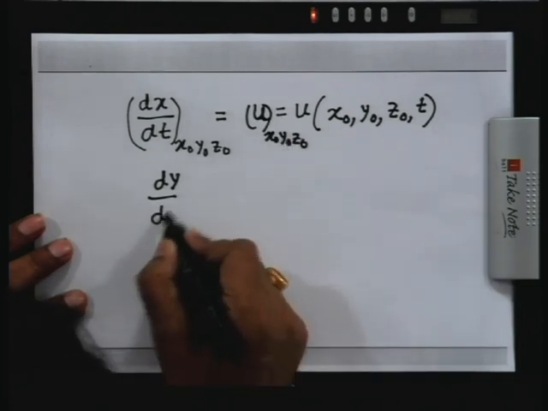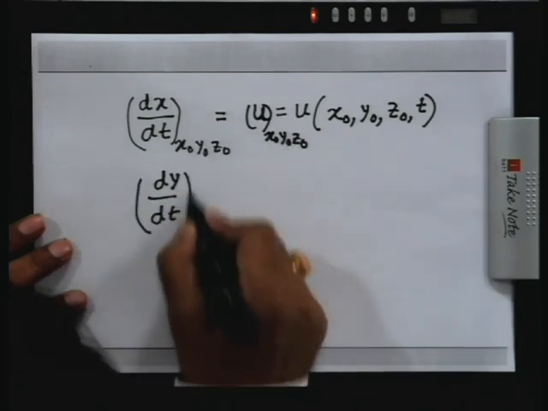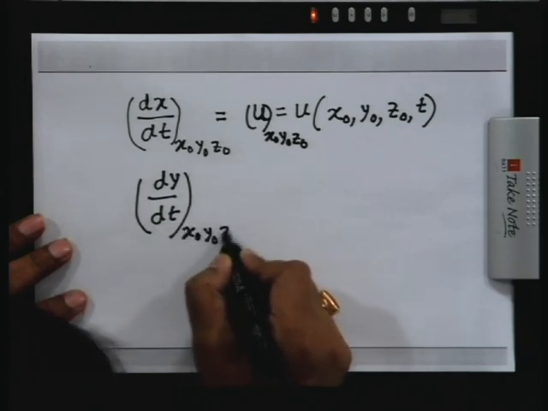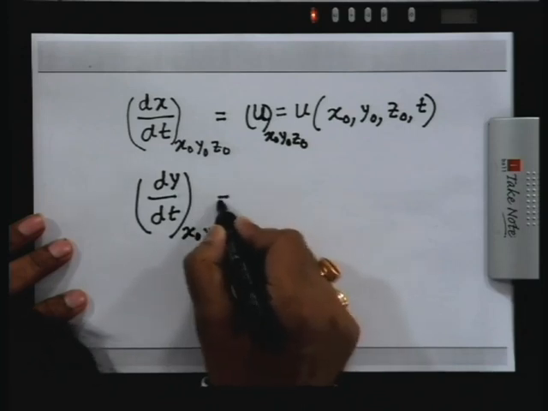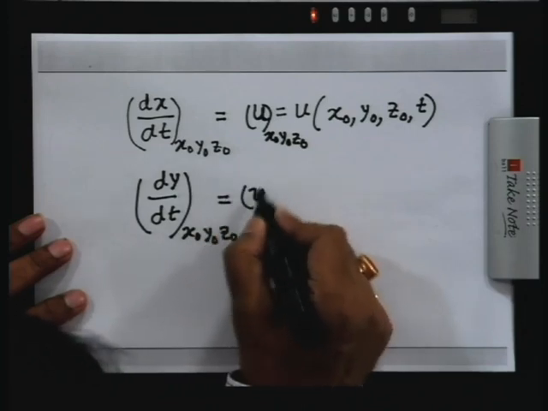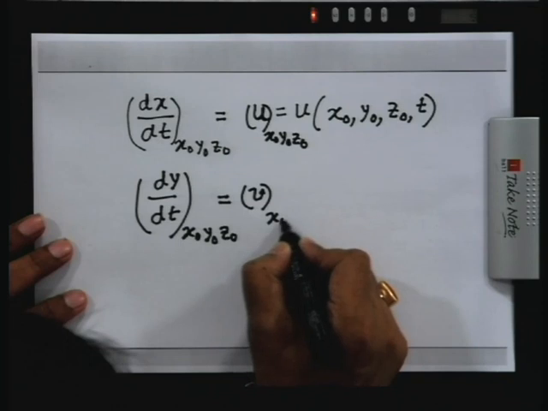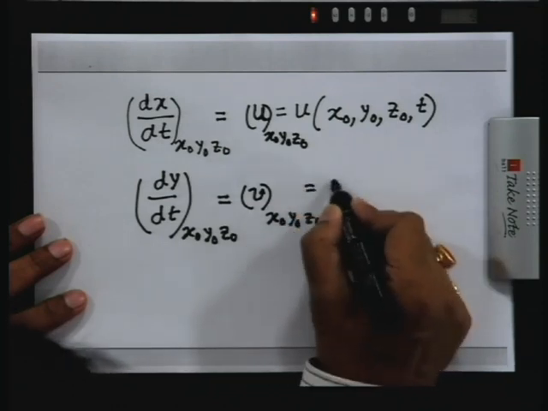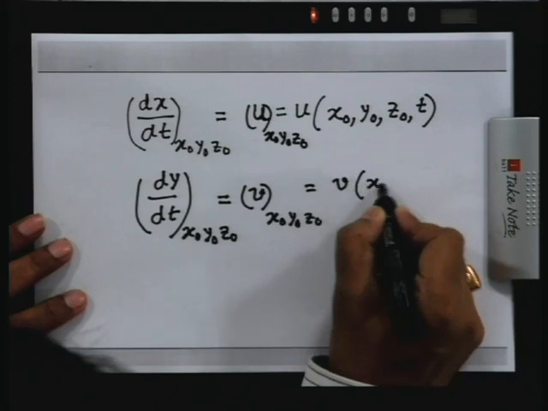Similarly, if we find dy/dt for the same particle x0, y0, z0, we get the y component of velocity. For the particle x0, y0, z0, you will find another function of x0, y0, z0.